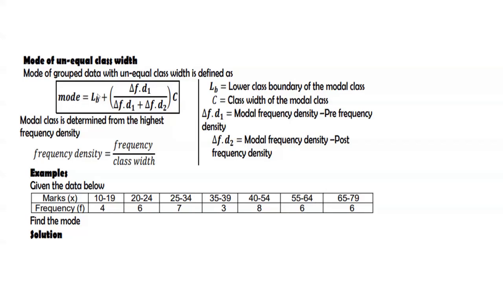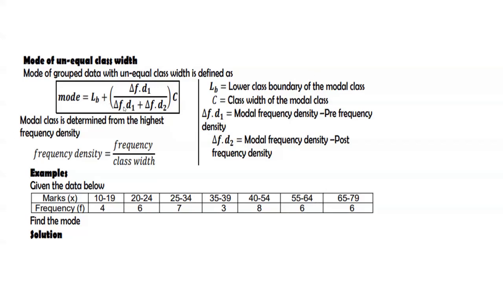So mode is going to be L_B, which is the lower class boundary of the modal class, plus the modal frequency density minus the pre-frequency density. So that means the frequency density before it.